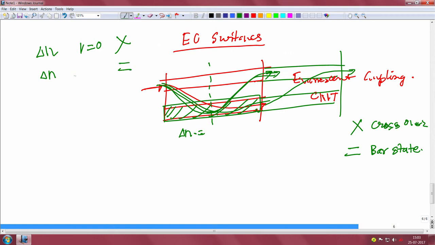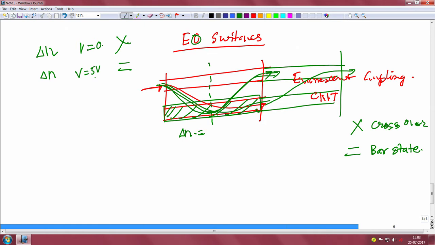So, a bar state for a certain amount of voltage, say for example 5 volts. This could be called an electro-optic switch. When the voltage is 0, it is in the cross state. When the voltage is applied, it is in the bar state.